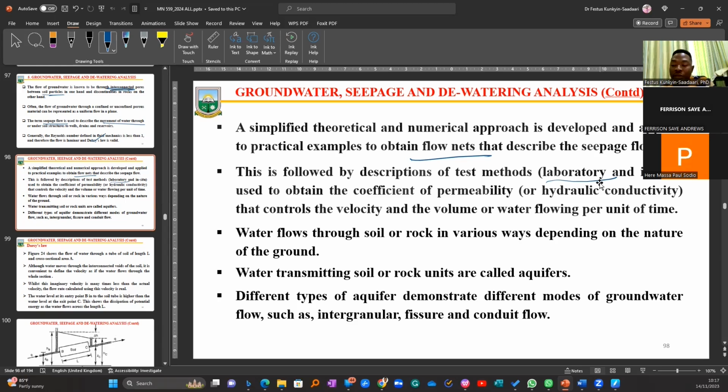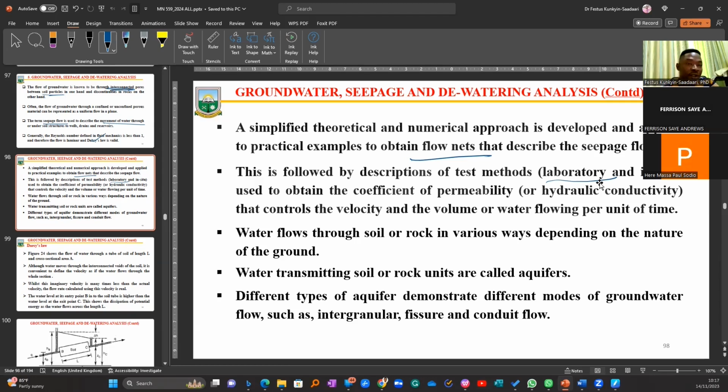Water flows through soil or rock in various ways depending on the nature of the ground. This is a fact: if I have a sandy soil, a shale, a granite, a sedimentary rock or a metamorphic rock, the type of material can influence the rate of flow of water given the medium we are considering.